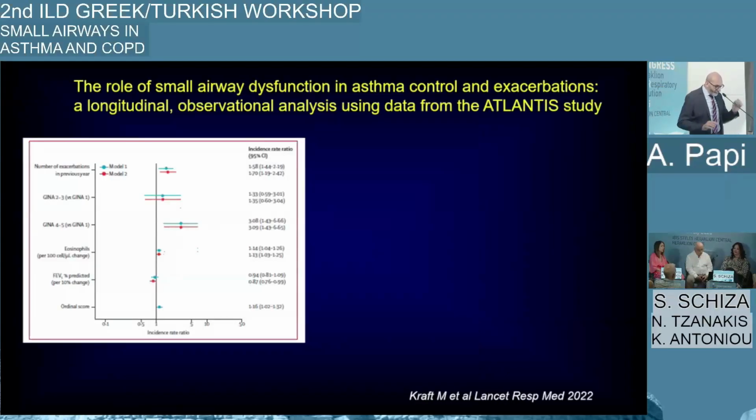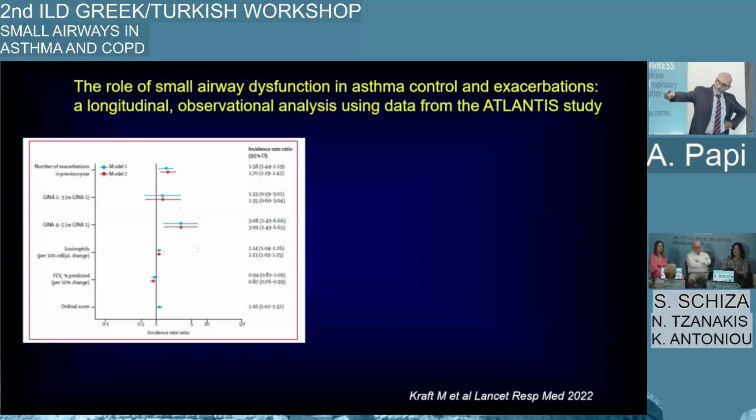Then what has been done is to put together some of these parameters, the ordinal score, the three parameters related to impulse oscillometry, AX, X5, and R20 minus R5, and to see what happens in blue if we add this index to the assessment of risk of exacerbation, along with a number of outcomes.